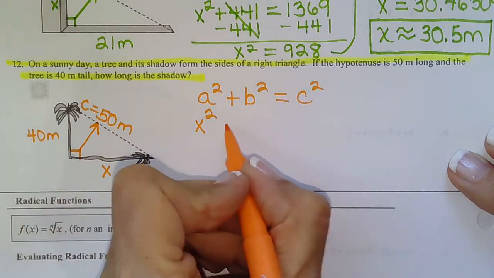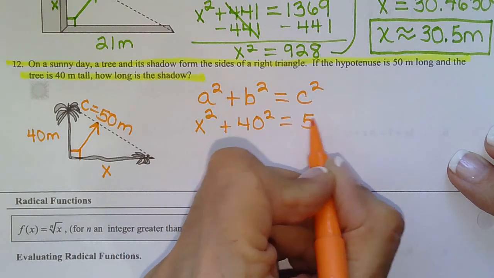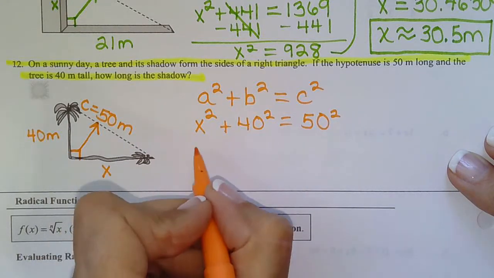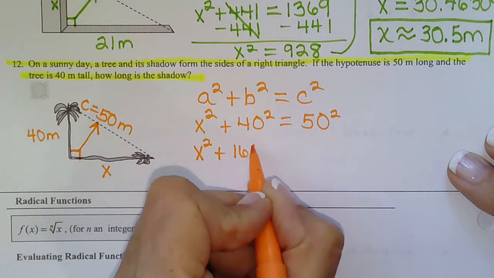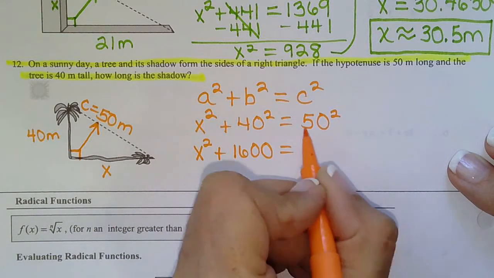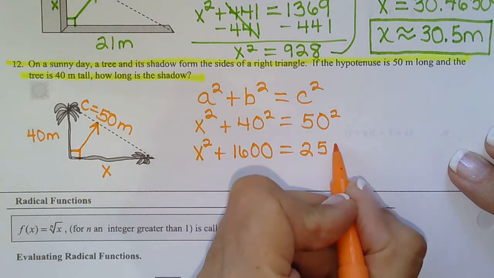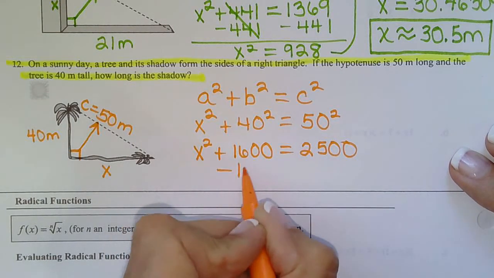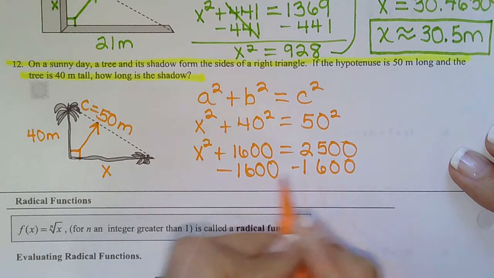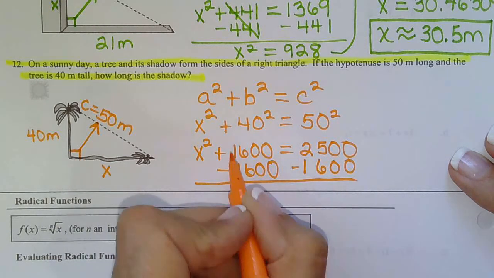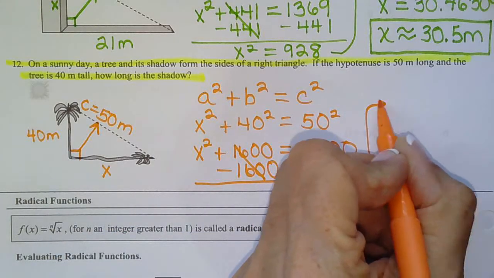X squared plus 40 squared equals 50 squared. So 4 times 4 is 16, and 2 zeros would be 1600. 5 times 5 is 25, and 2 zeros would be 2500. Subtract 1600, subtract 1600. And it's looking like x squared equals 900.